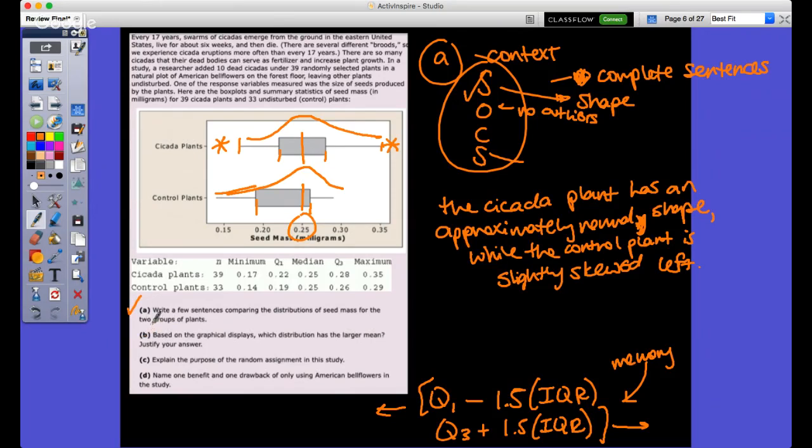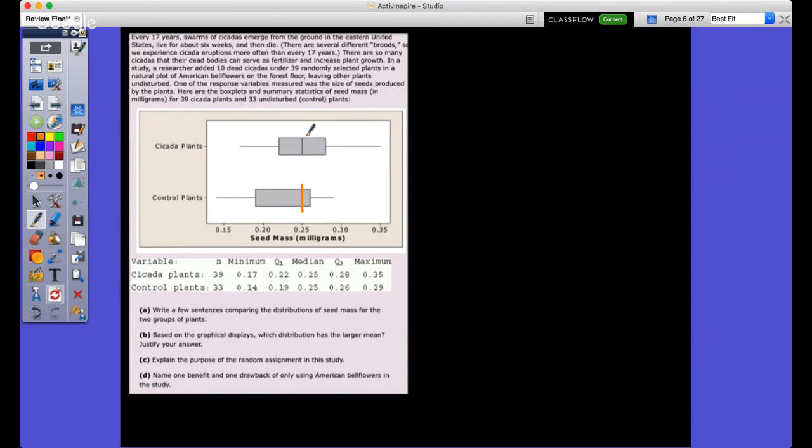Part B, based on the graph of the goal displays, which distribution has the larger mean? Okay, so remember, these are our medians, so be very careful. My mean is probably going to be pretty close to my median in this first one because it's approximately normal. And we know that mean equals median when it is approximately normal.